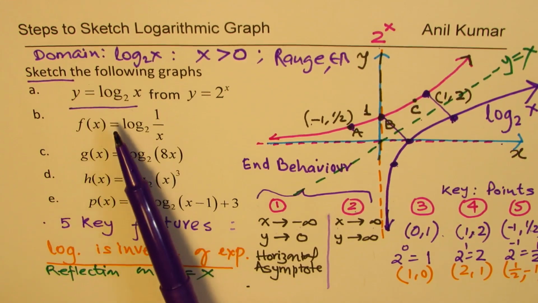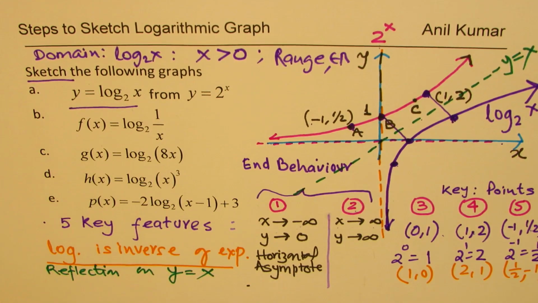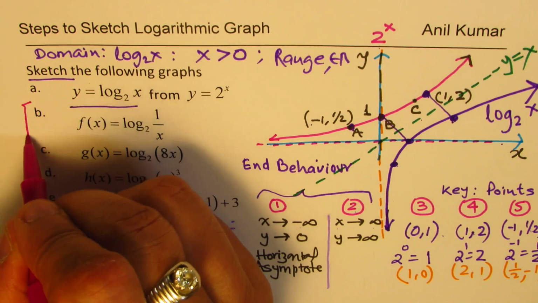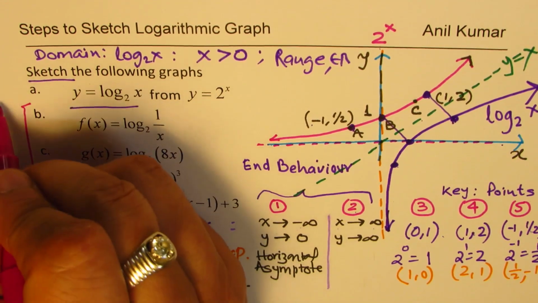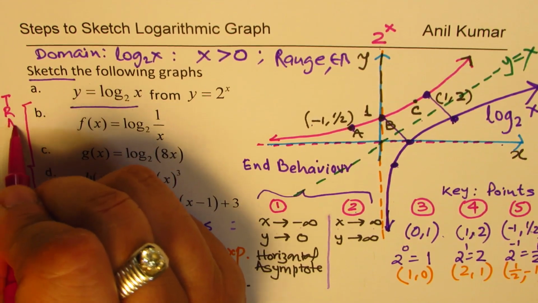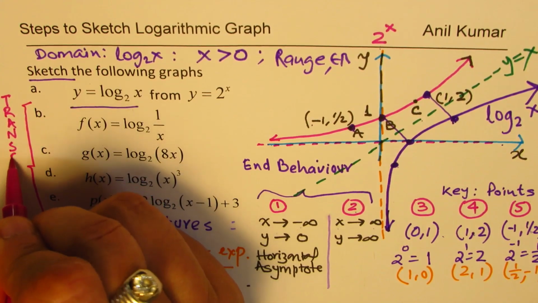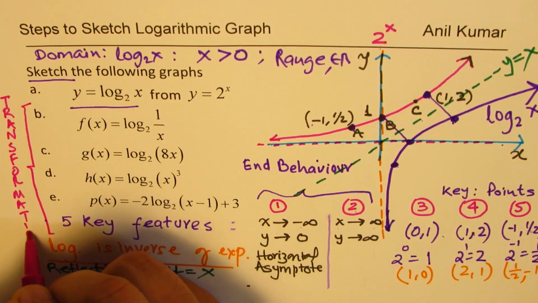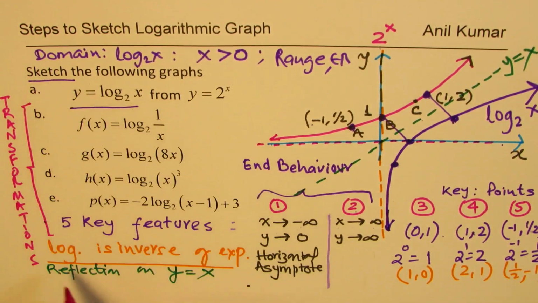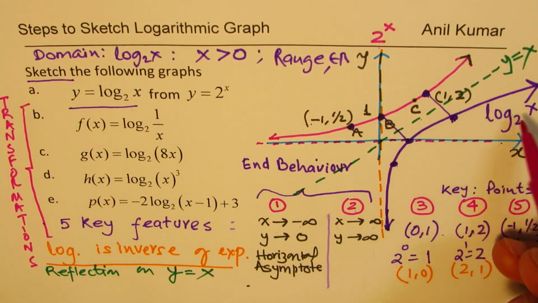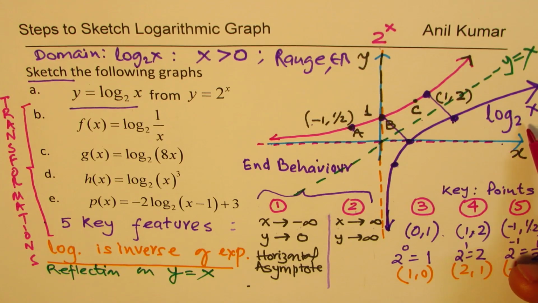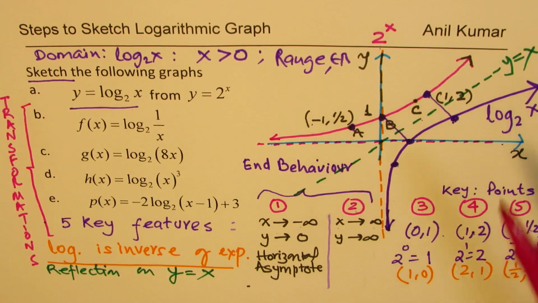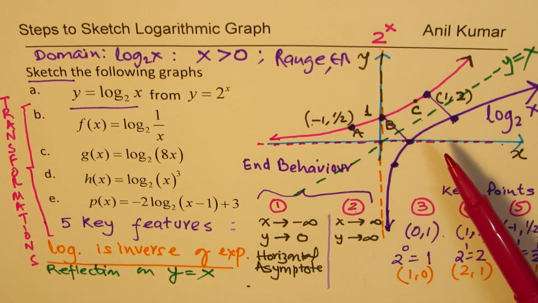Now onwards, to sketch the rest of them, what are we going to do? So all these are basically transformations, correct? Okay, so these are the transformations of that graph log to the base 2 of x. You could actually sketch any graph, any base using this concept.